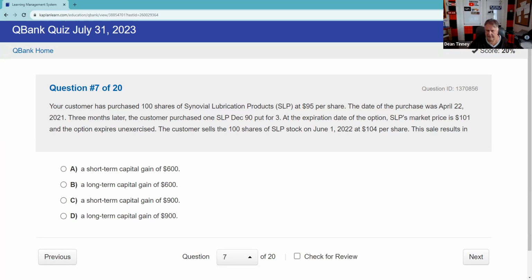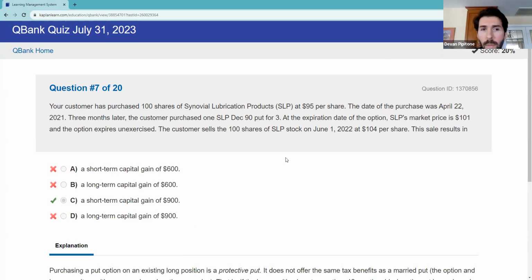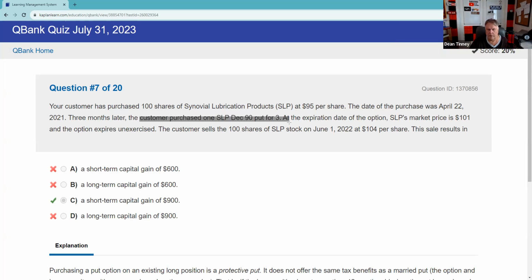So it looks like it's a short-term gain on the stock of 600, and then the puts expired, it's another 300. So it looks like it's a short-term gain of 900, right? Just going through that again, right? Because we interrupt our holding there. Let me get on my annotation tool. Once we did this, boom, we were no longer risking the stock position because now we have the choice to sell that stock.